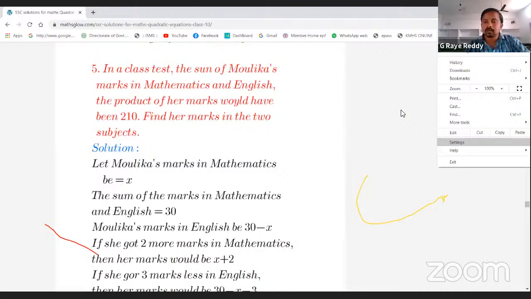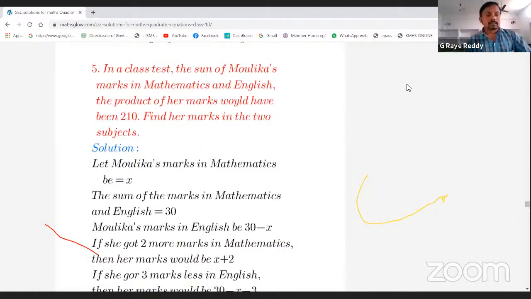How to share this? Okay, students, I will share this website, so you go through this. Students, don't touch the screen. If you draw any lines, I can see them here. You are disturbing here.